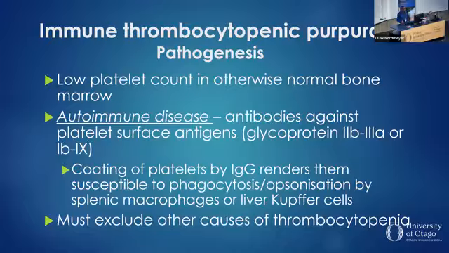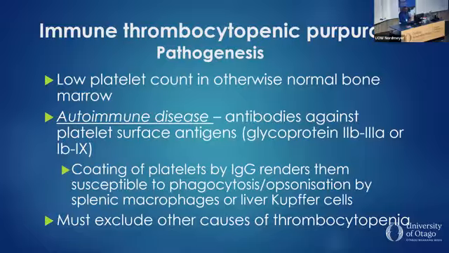The body is actually making excessive amounts of platelets to keep up, but they are all being mopped up in the peripheral circulation by these antibodies. So generally speaking, they don't get severe bleeding episodes or bleeding in dangerous sites. It's just that you find these very low levels of platelet count in an otherwise healthy person.